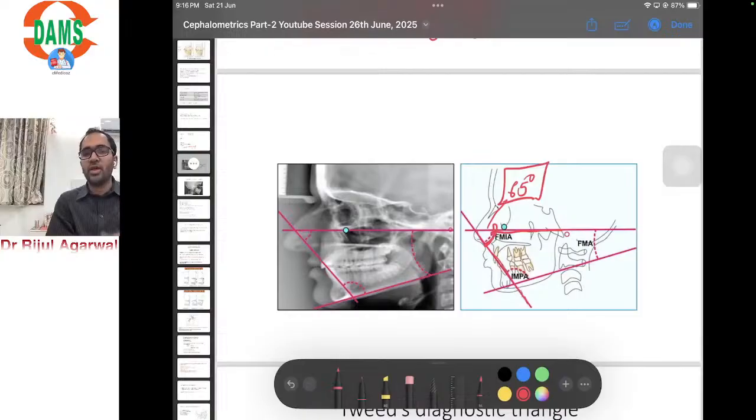You cannot alter the FH plane, you cannot alter the position of the external auditory meatus and the lower orbital. That is fixed. So what are the other two angles? The other two angles present in this triangle are the IMPA, that is the incisor mandibular plane angle, and the Frankfurt mandibular angle, FMA.